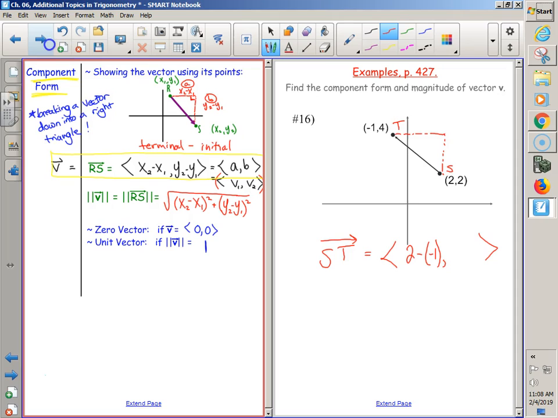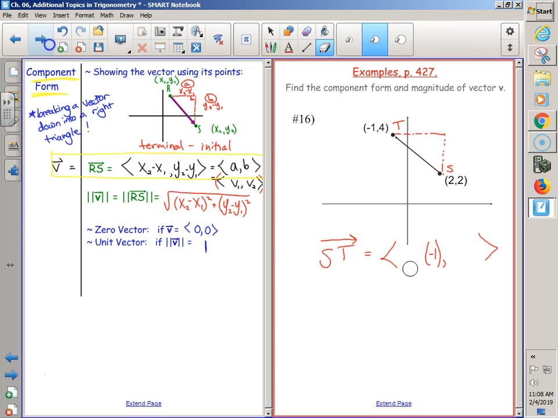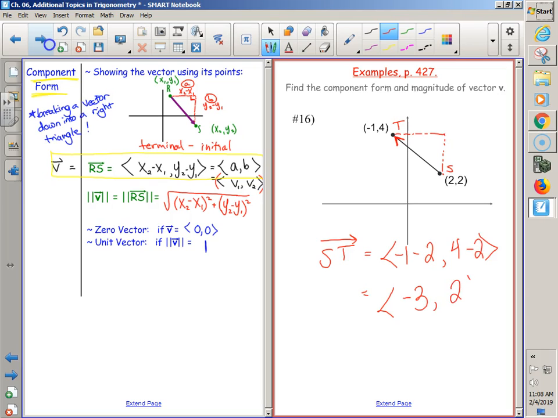When you're doing terminal minus initial, I'm not allowed to do them in any order that I want. I have to do them in the right order. So some of you, it was a little too small, but the arrow is actually up here, which means my final x would be -1 minus my initial x was 2. My final y is 4. My initial x is 2. Does it make sense that the vector from beginning to end went -3 and then +2?